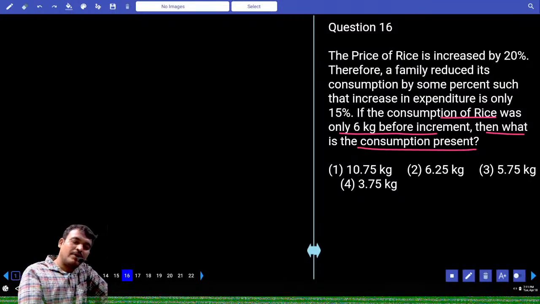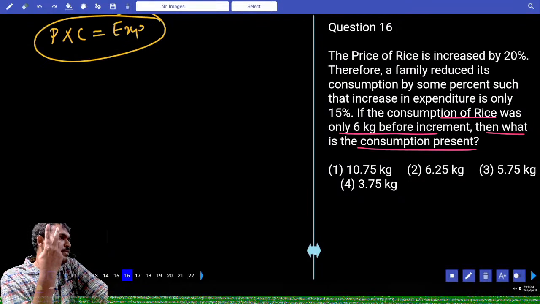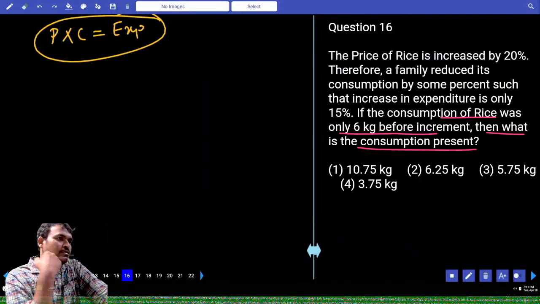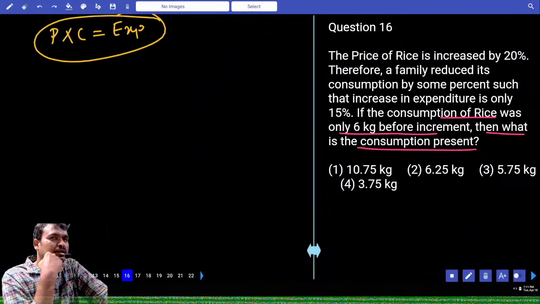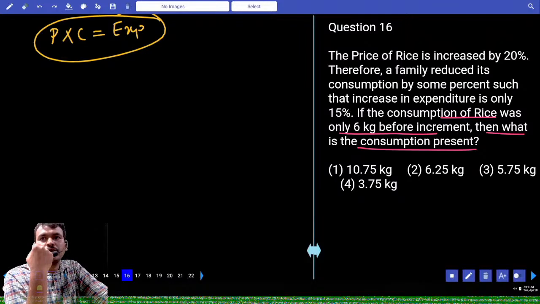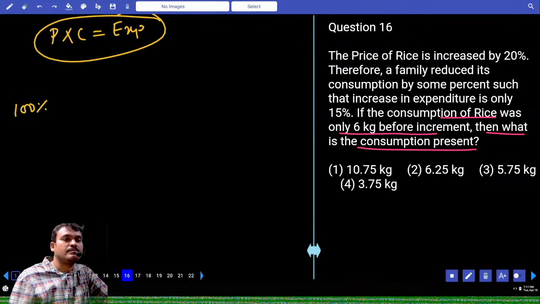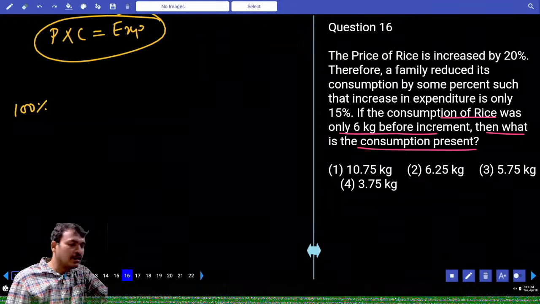Okay. What is the formula normally written? Price into consumption equals which one? Expenditure. Means expenditure depends on how many parameters? 2 parameters. Then we apply the successive increase concept. 2 operations or only 1 operation? 2 operations. Suppose original expenditure I consider 100%.